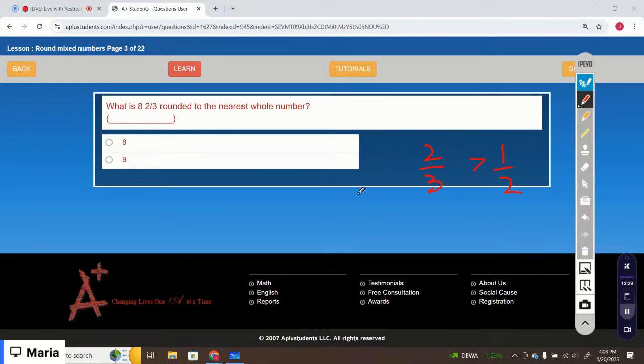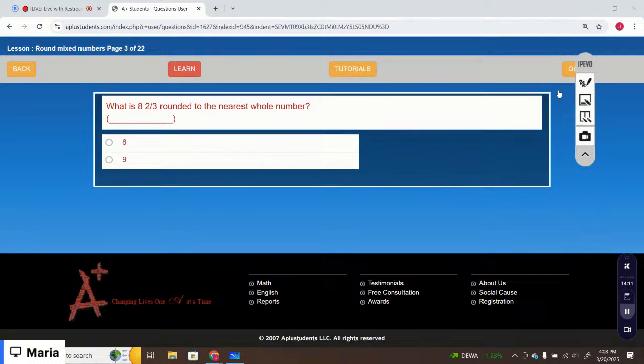So you need to round up, it would be rounded to 9.